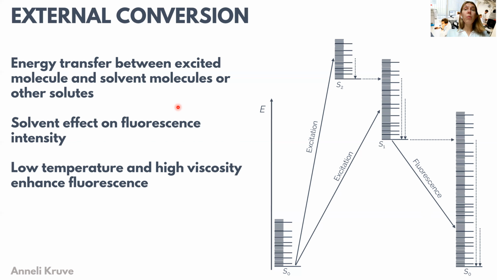One of the facts that is supporting this mechanism is that there is solvent effect on the fluorescence intensity. This means that different solvents are of different efficiency in contributing to the external conversion, and therefore when we do measurements with different solvents, we also can observe different fluorescence intensities.